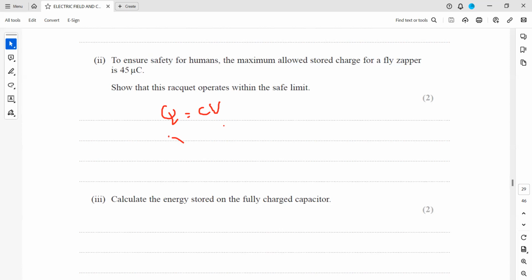Both ways it will work. So if I use the formula Q equals CV, the maximum allowed charge is 45. But what charge is stored if we use our capacitance and the voltage?